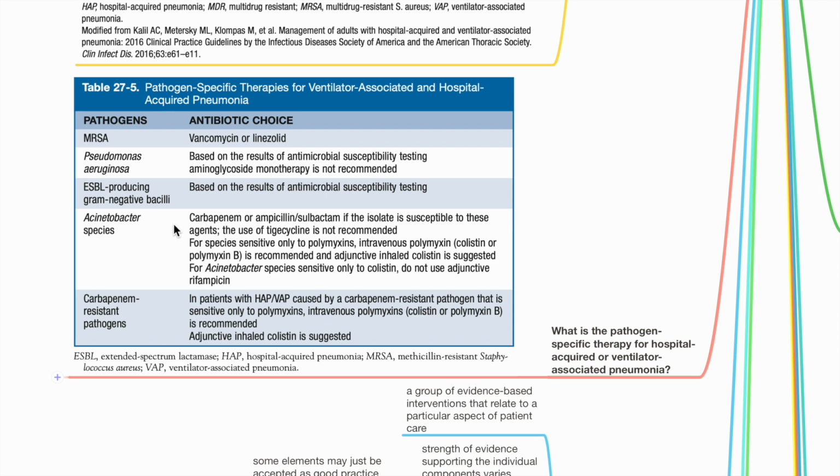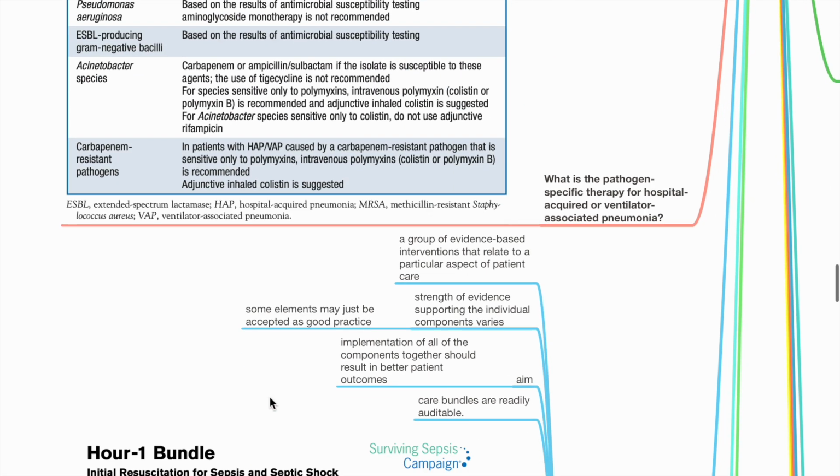Tigecycline is not recommended. For species sensitive only to polymyxins, IV polymyxin, colistin or polymyxin B is recommended, and adjunctive inhaled colistin is suggested. Do not use adjunctive rifampicin. For carbapenem-resistant pathogens, treat with IV polymyxins if susceptible. Adjunctive inhaled colistin is suggested.